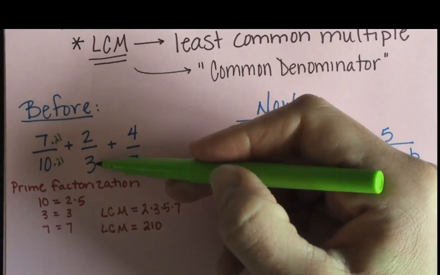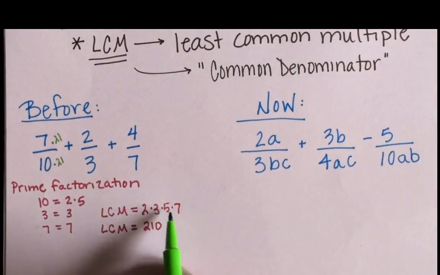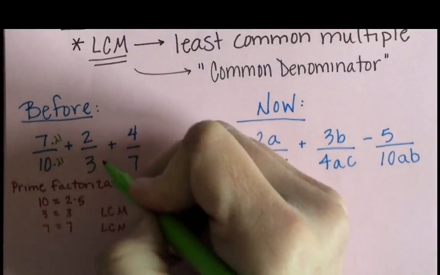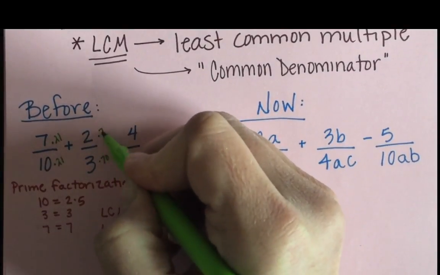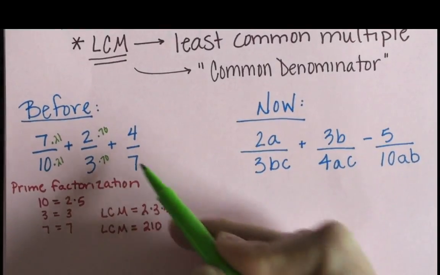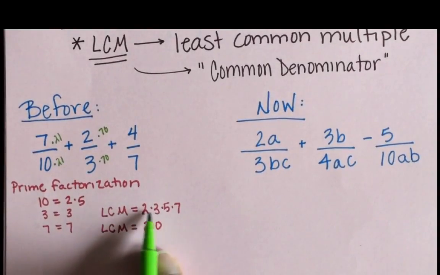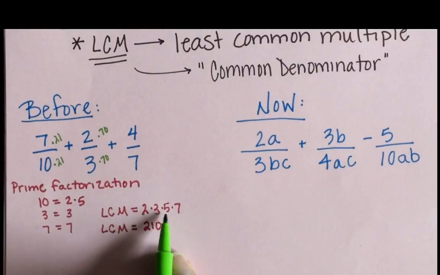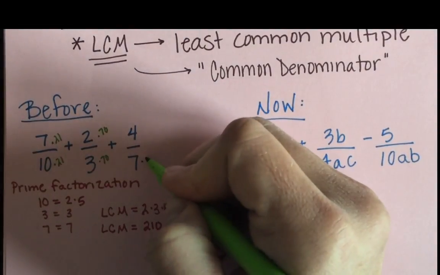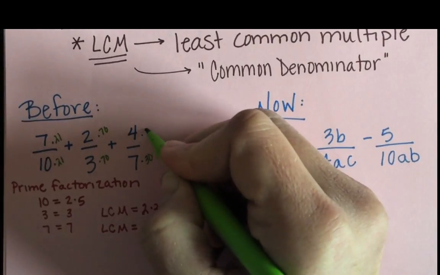If I already have a 3 in the bottom, I need the 2, the 5, and the 7 to show up. Well, 10 times 7, we end up needing 70 top to bottom. And if I already have the 7 in the bottom here, I need to figure out what is left. Well, 2, 3, and 5 is what I need for the 7. So I'm going to multiply top and bottom by 30.